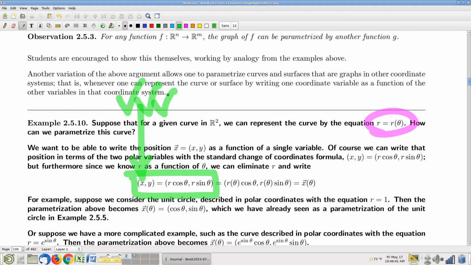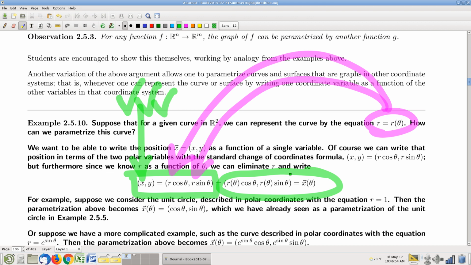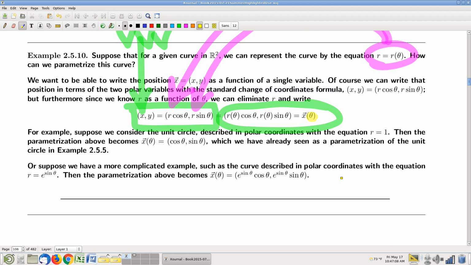But it still remains that if you can solve for one of the variables in terms of the other, you can just plug that right on in to there and notice that you get position as a function of a single input variable now, theta, which if you like you can think of as time. But still, it's position as a function of a single variable. So, for example, if r as a function of theta, that's a wacky curve in the plane. r equals e to the power of sine theta.